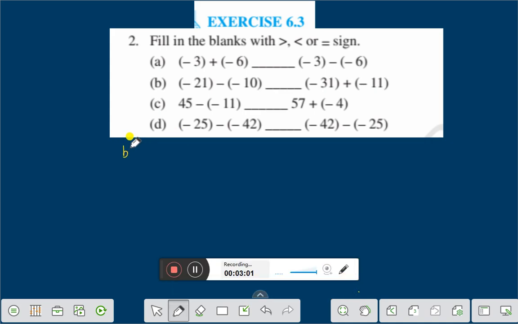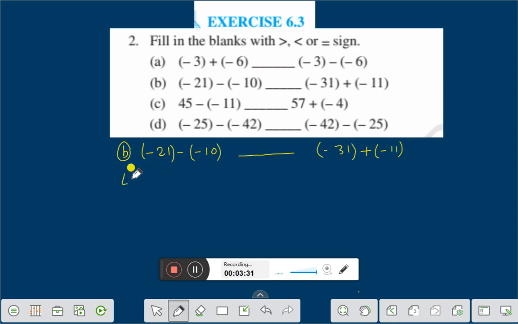Question number B, that is minus 21 minus of minus 10 dash minus 31 plus of minus 11, right? This is left hand side.